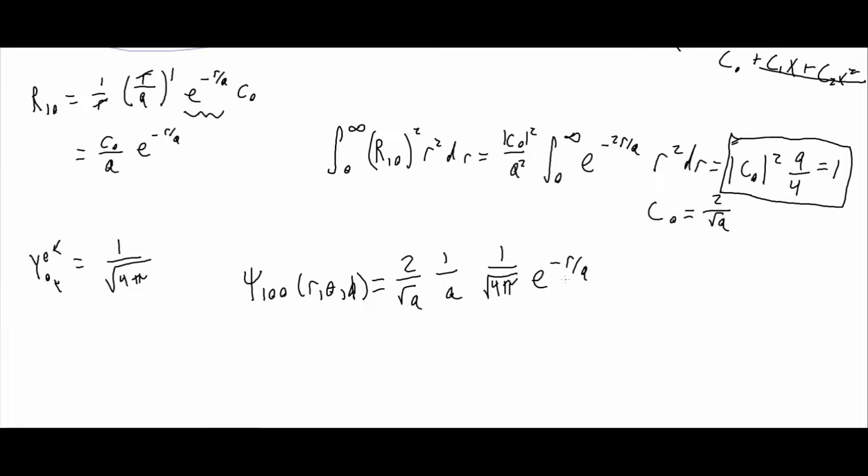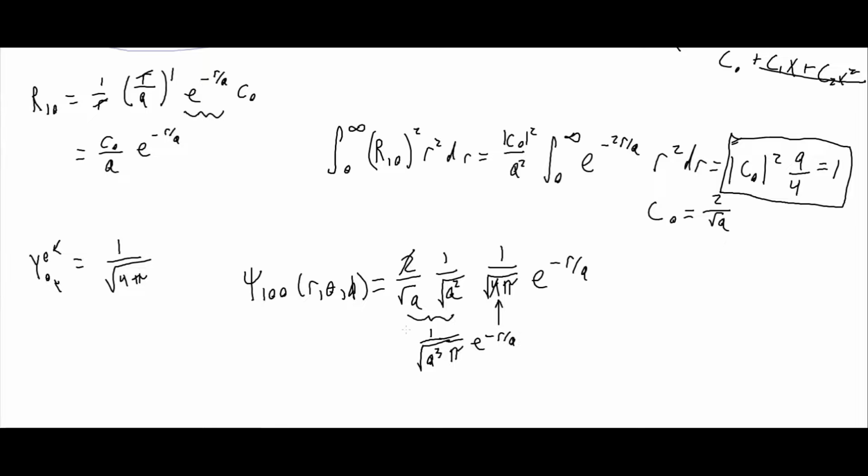And so now we can do a little bit of simplifying. We can bring this 4 outside of the square root and cancel it with that 2. We can put a square here and make that the square root so that we can turn this into a 1 over a cube square root. And then of course this pi is under a square root. And so we have 1 over the square root of a cube pi, e to the minus r over a.